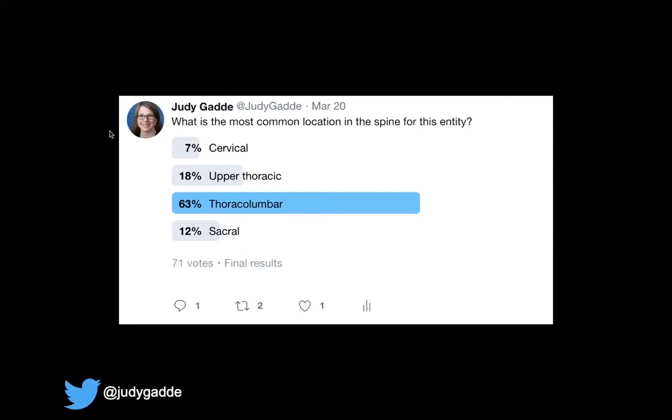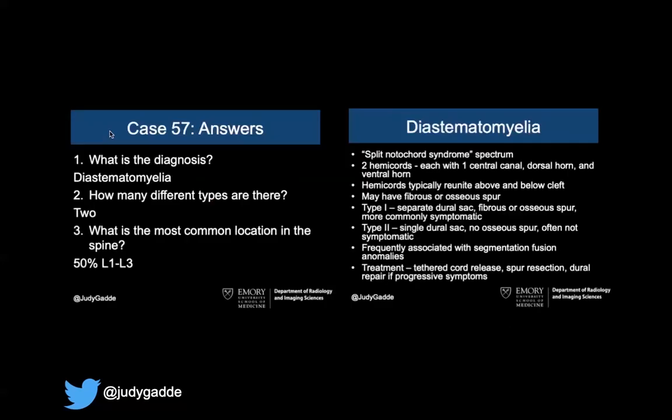At the end of those 48 hours, everyone can go back and see which question options were chosen to what percentage and see if they got the answer right. And then when I do post the answer 48 hours later, I will put the answers to the questions from the previous post, and then typically we'll have one slide demonstrating just the pertinent information that one should remember about the entity or diagnosis.